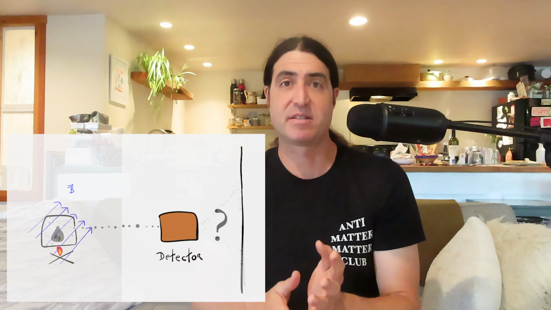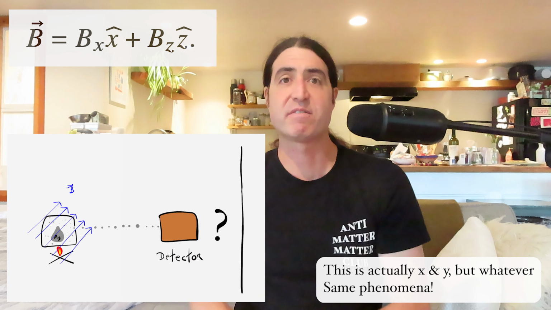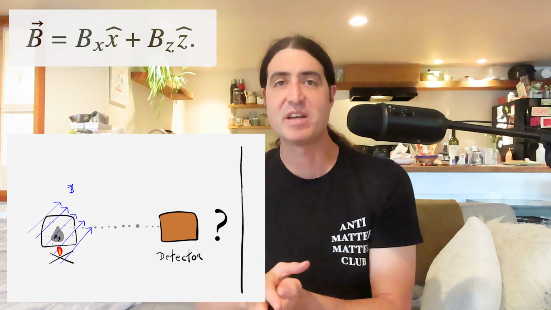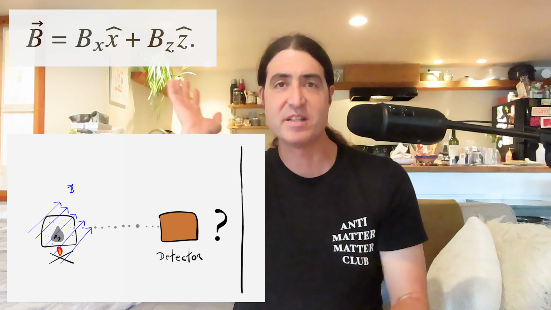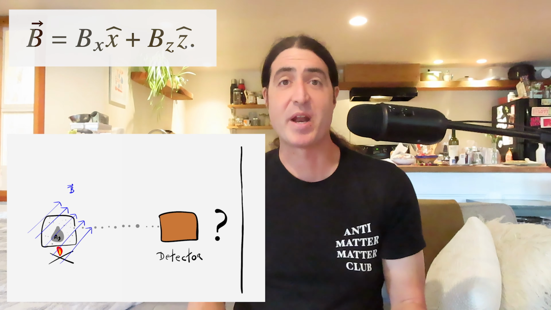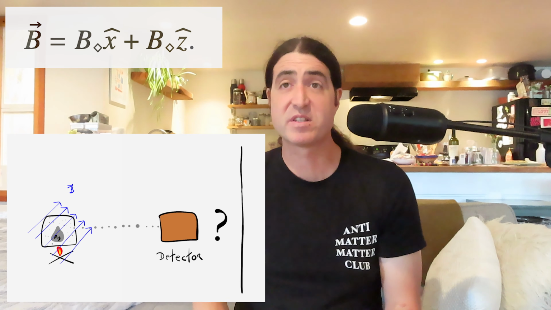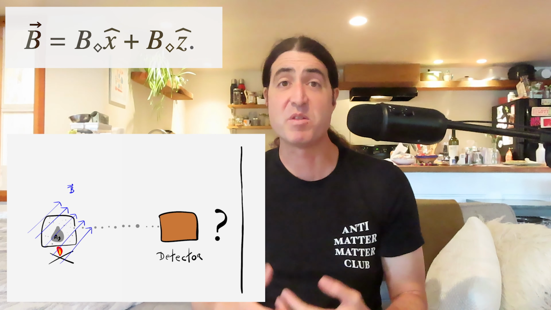All right, finally, let's get to a slightly more nuanced case. Instead of splitting into the y and z directions, let's now split into the x and z directions. In other words, let's have some of the component of the magnetic field pointed along the detector and some of the component of the magnetic field pointed in some other orthogonal direction. And let's see what happens. For simplicity, let's just assume that the components in the x and z directions of the magnetic field are the same.